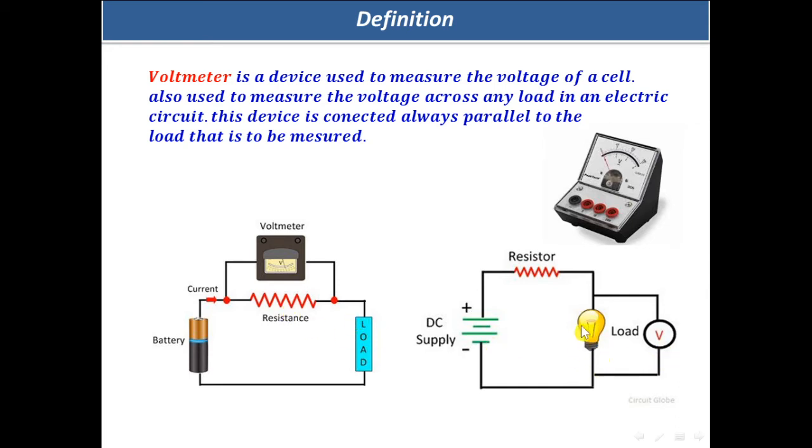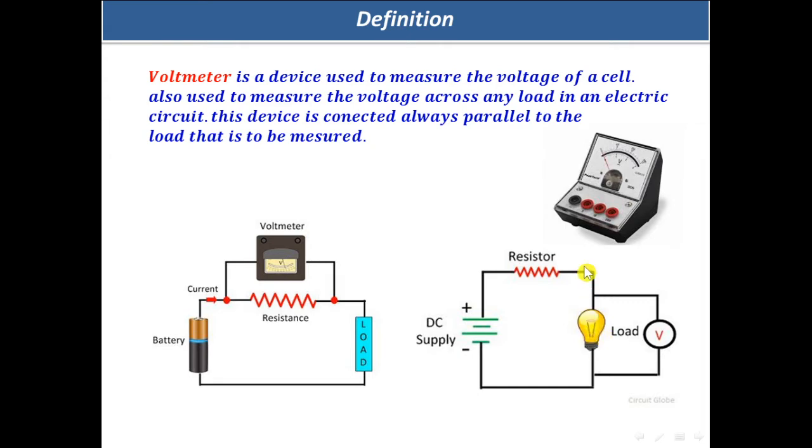This symbol and this symbol are the same. You can put it here to measure, or around the lamp, because this resistor represents the resistance of the lamp. So they are just one symbol.